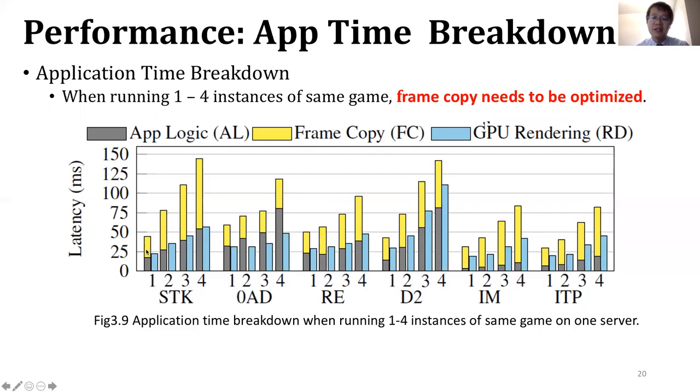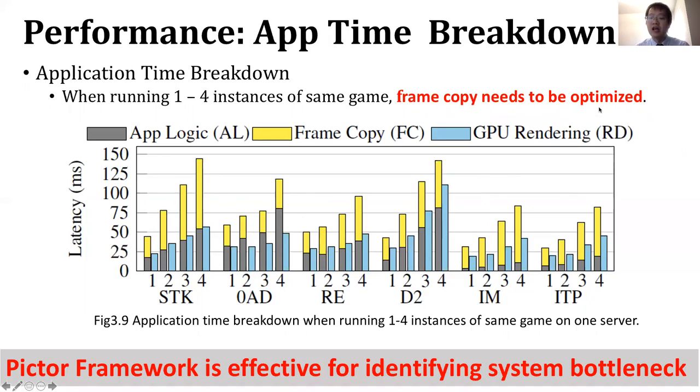So from this figure, we can learn that frame copy time, the yellow bar, accounts for more than half of the application time in most cases. So frame copy should be optimized. Now we can draw the conclusion that Picture is an effective benchmarking framework for identifying bottleneck of cloud 3D system.